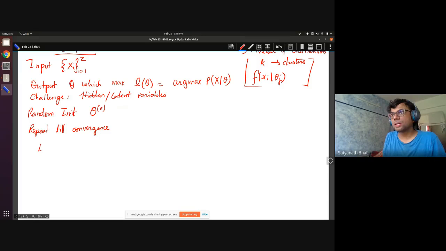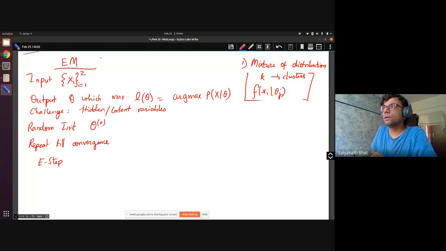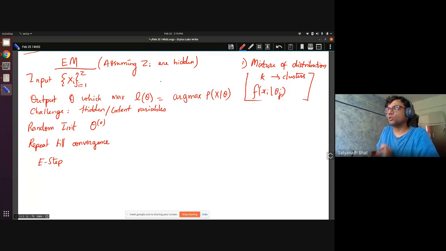The first step is called the E step. In this particular EM, I'm assuming Zi's are hidden. It can be something else also, like Yi's are hidden, but for the sake of notation, I'm assuming Zi's are hidden.